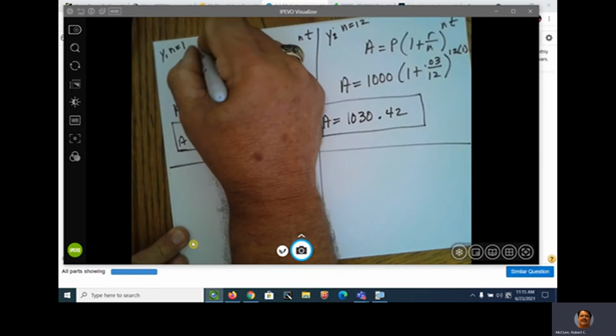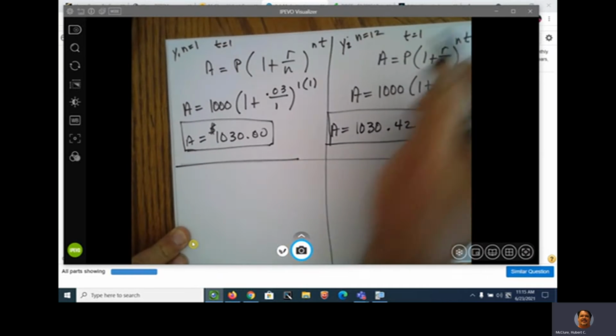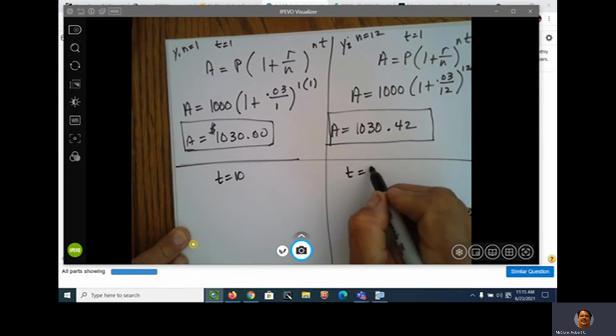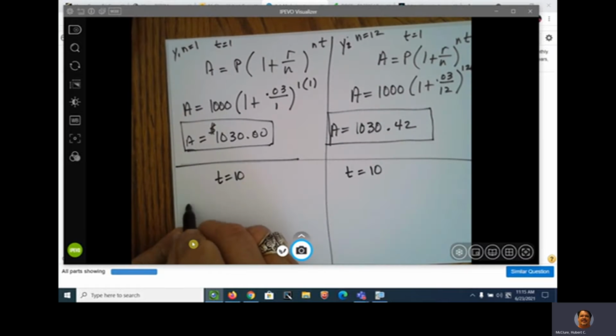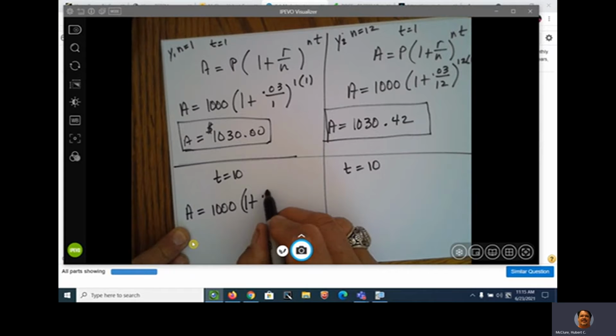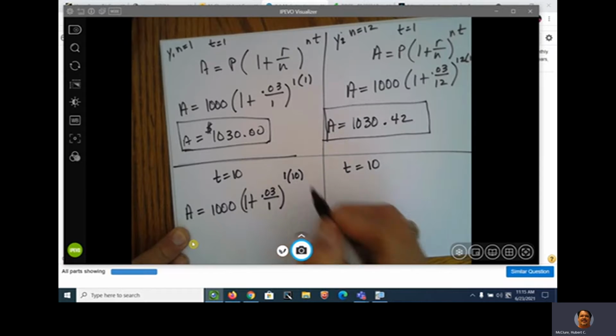This is t equals 1 year, and t equals 10 years. So A is equal to 1,000 times 1 plus 0.03 divided by 1, raised to the 1 times 10 years.